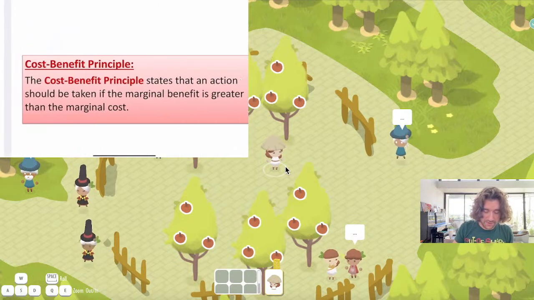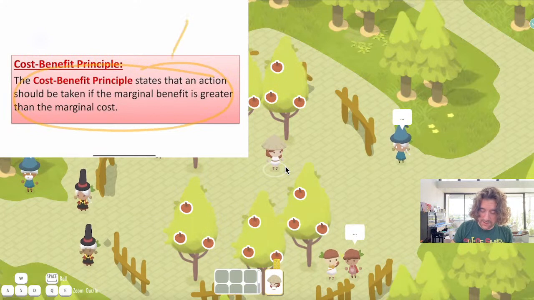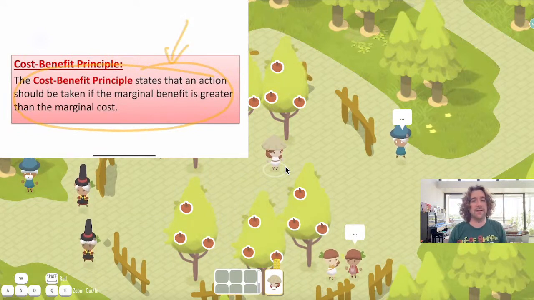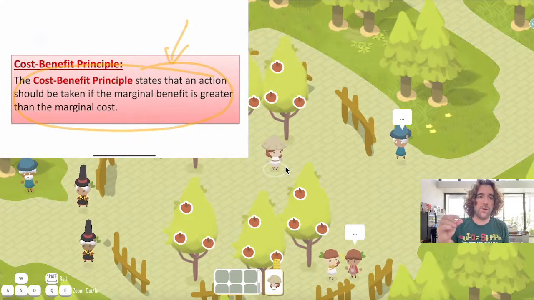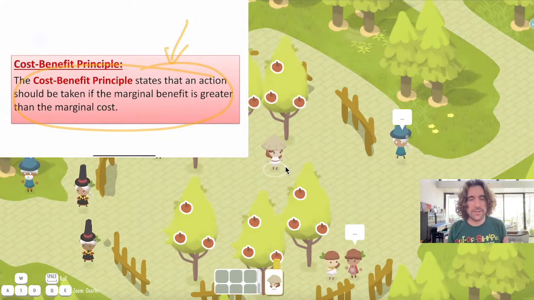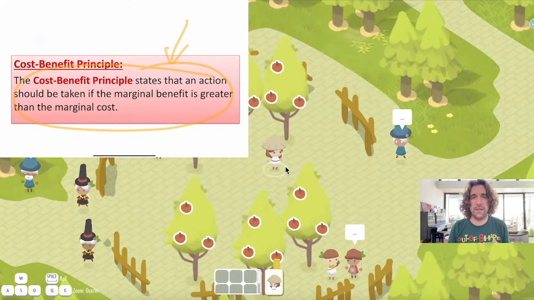The cost-benefit principle states that an action should be taken if the marginal benefit is greater than the marginal cost. There is an important point here. Economists think of decision making always at the margin. In other words, they prefer to think about optimization as a process of small decisions.